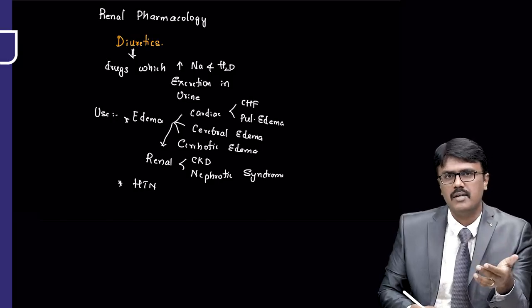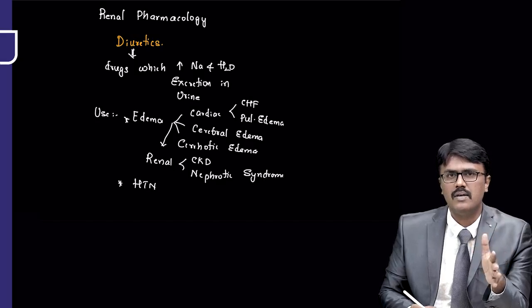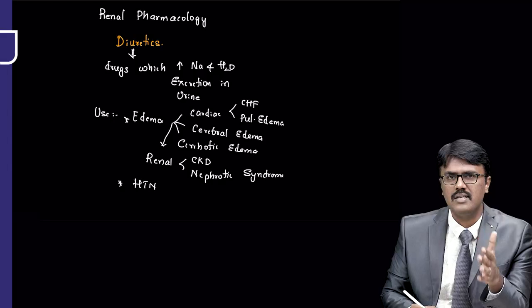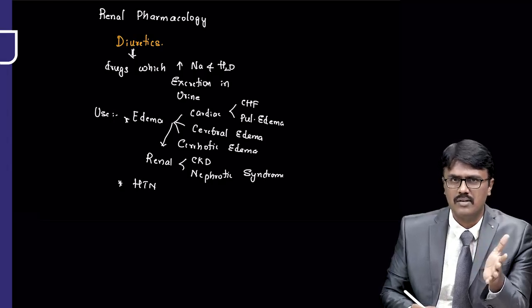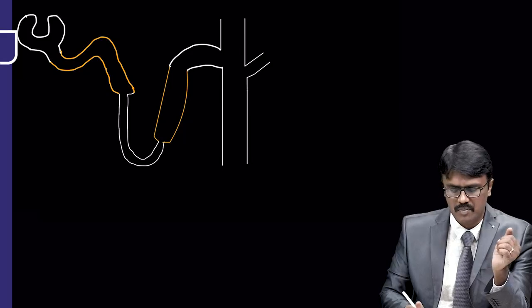But how do I eliminate sodium and water from our body? The regulation of sodium and water is mainly done by the nephrons. So in the next slide, we go to the nephron and understand where the diuretic works, a bit of physiology. Now this is the nephron. You can see the proximal convoluted tubule, the loop of Henle, the distal convoluted tubule, and the collecting duct.